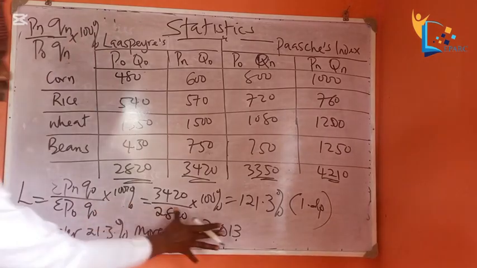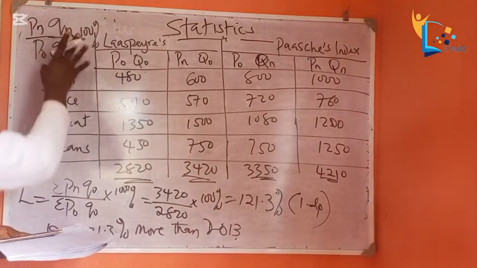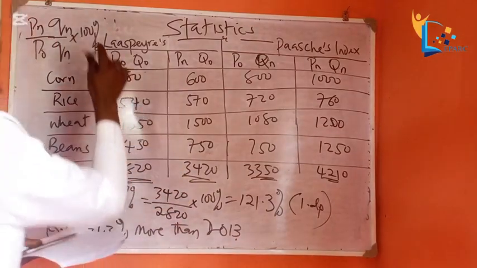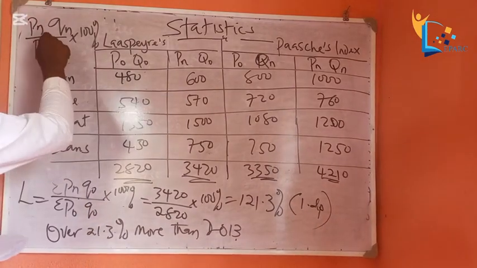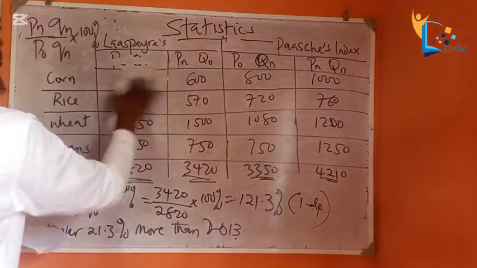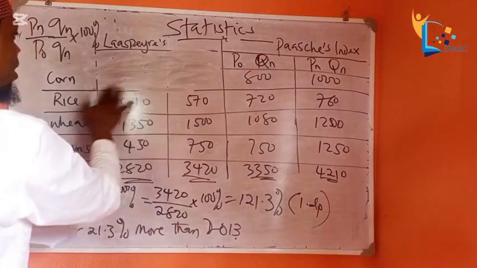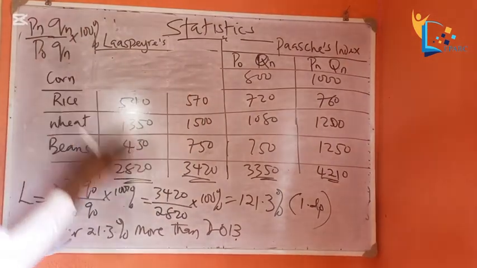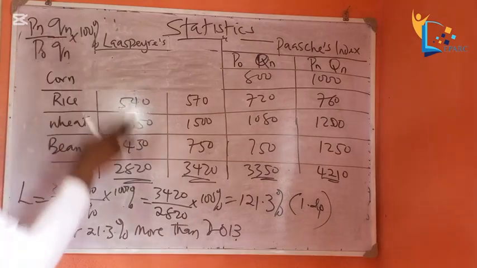The same way we solved for Laspeyre, you use the same approach to solve for Paasche. Then for Fisher, it's just the square root of this times this. Let me rewrite the formula for you again, because I'll need you to solve for Paasche and Fisher. I've solved for Laspeyre.